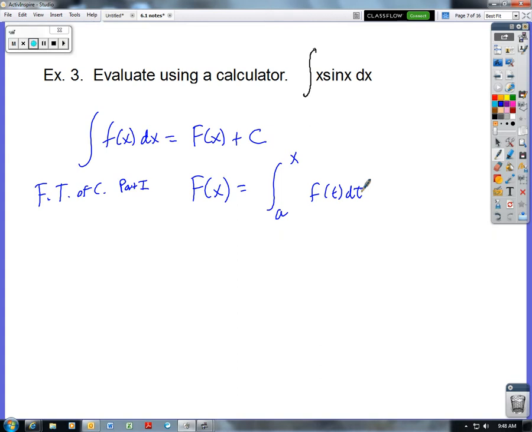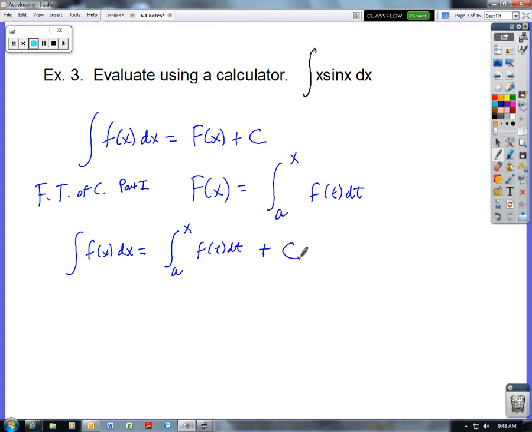So that's if you look way back. So what that means is we can put together these two formulas into one and say that the integral of f of x dx is the integral from a to x of f of t dt plus c.